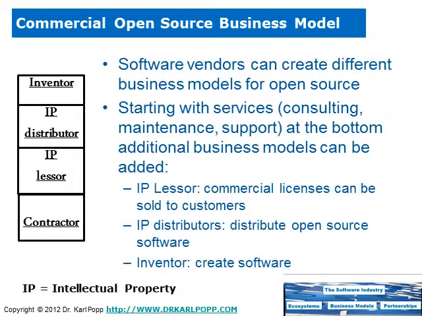So how do you create a commercial open source business model that is hybrid? You basically pick one or more of these boxes on the left-hand side. By doing that, you can create, of course, different business models.